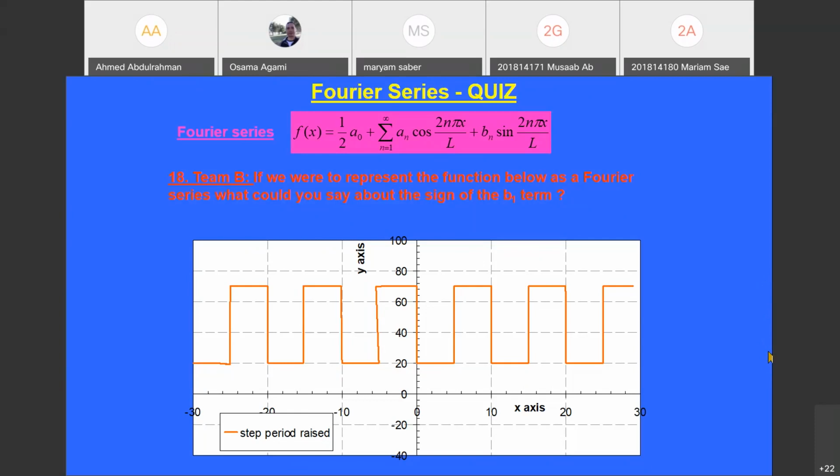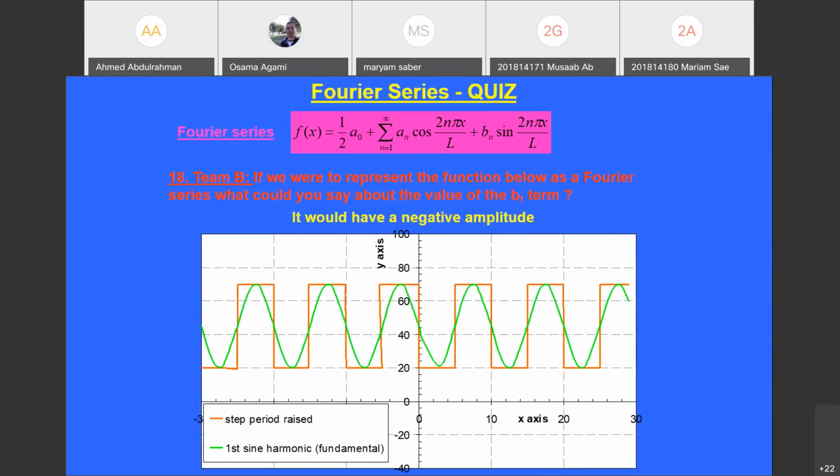What's the value of B1? You can say the formula, Musab. What is the formula for this one? L is 10, doctor.